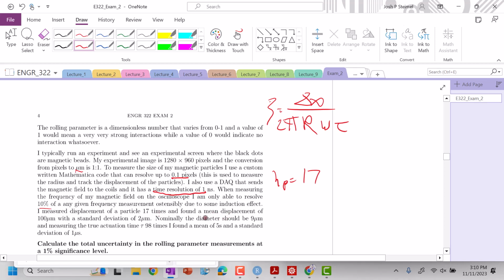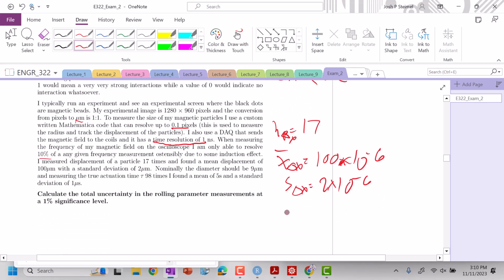Mean displacement, number of delta x. My x bar delta x is found to be a mean displacement of 100 micrometers, 100 times 10 to the minus 6. My standard deviation of delta x is equal to 2 times 10 to the minus 6.